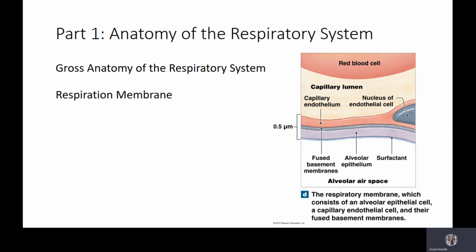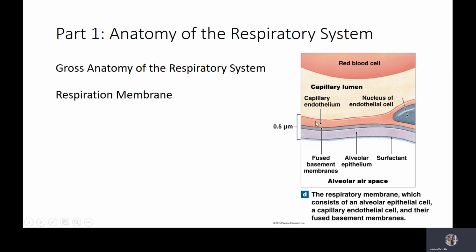Because we're talking about respiration, gases actually have to pass through the respiratory membrane, and the respiratory membrane has 3 layers. It's going to have the alveolar epithelium, the type 1 pneumocytes that are coated in that surfactant. It'll have the basement membrane over here, and then it'll have the capillary endothelium.